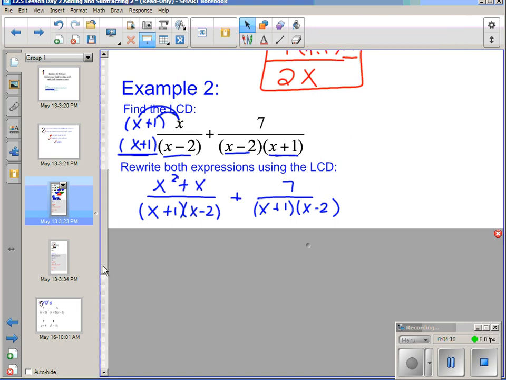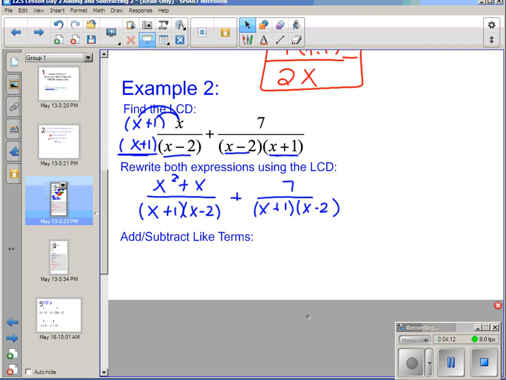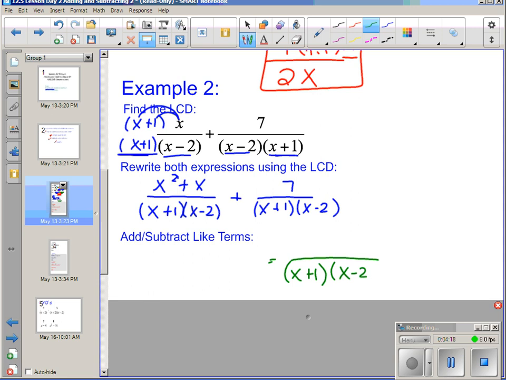And now that I have the same denominator, I can add them. So I know when I add them, my answer is going to have x plus 1, x minus 2, because when I have matching denominators, it's going to stay the same. And now I can add everything on top, and what's nice is I don't have any like terms, so x squared plus x plus 7 is what I have left on top. And you can always check, is something going to simplify?